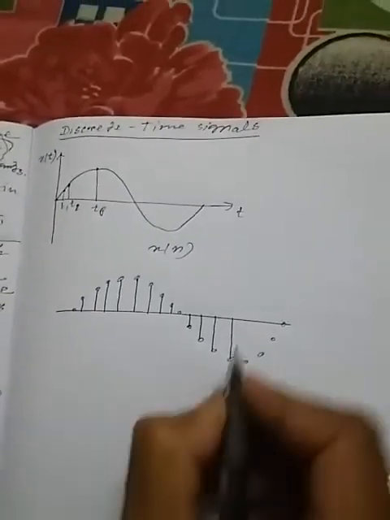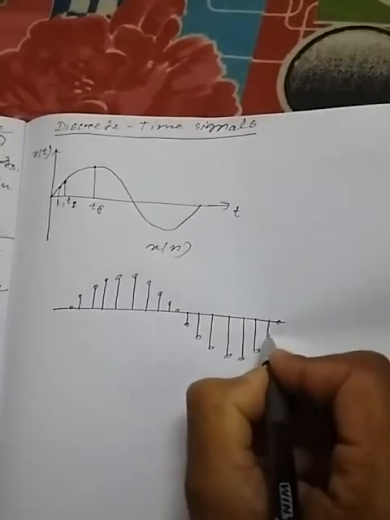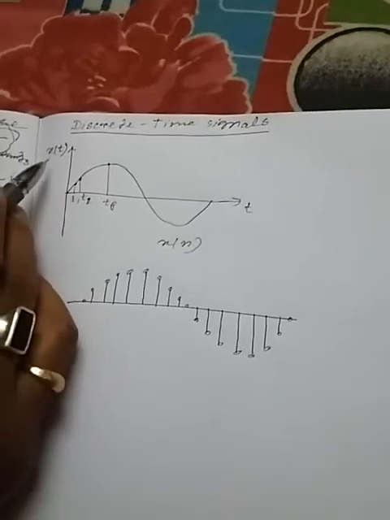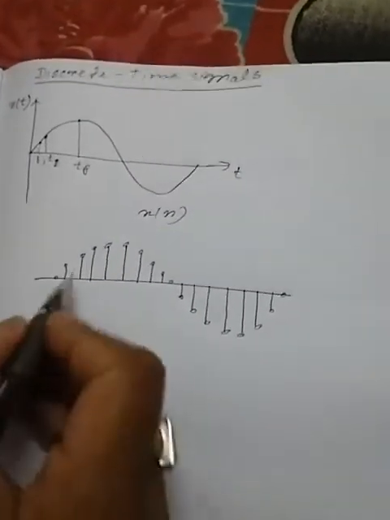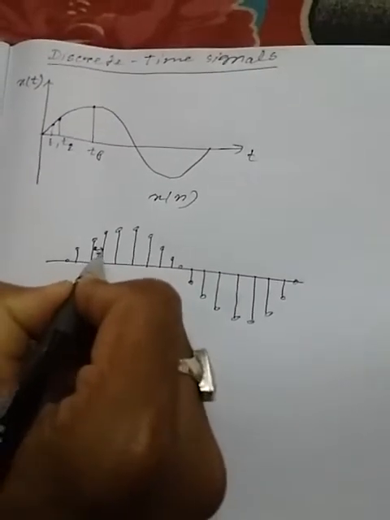This is the discrete time signal, and it is converted from the signal x of t. Here this is called sampling period, capital T.